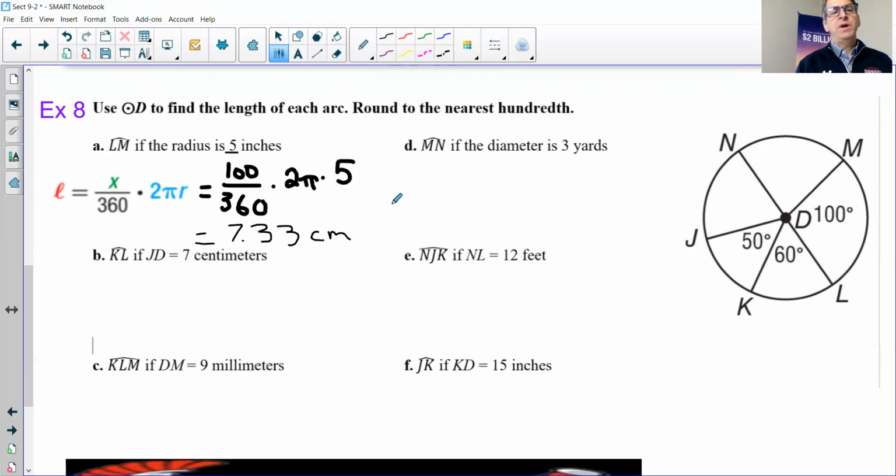Okay, let's look at B. We're looking for the arc length of KL, and they're telling us that the radius is 7. First, we use the angle measure we're dealing with. For KL, the measure is 60.